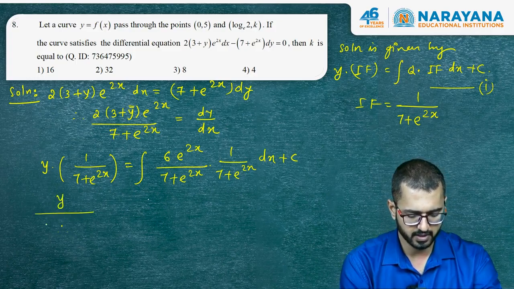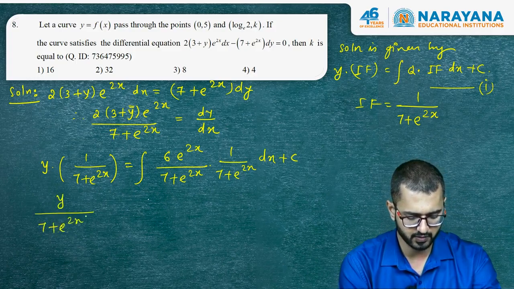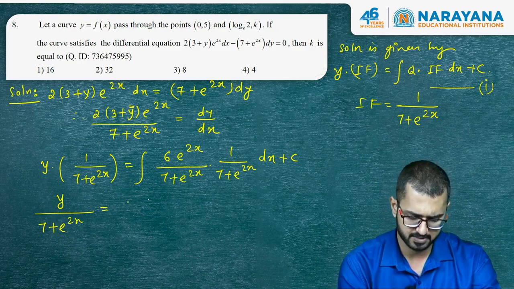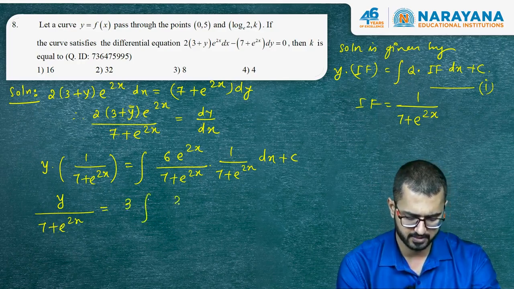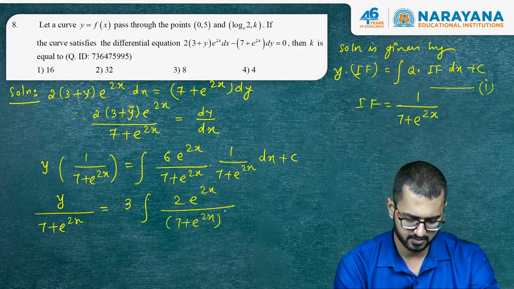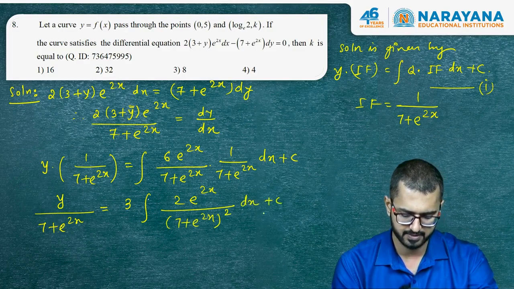This we can write as y over 7 plus e power 2x equal to, now here 3 will keep it here, and 2 times e power 2x will be here, over 7 plus e power 2x whole square dx plus c.